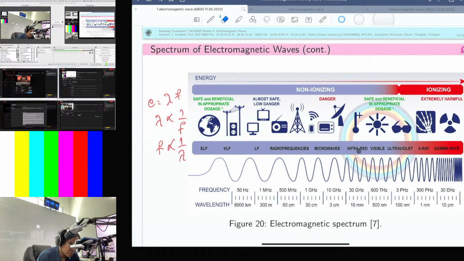If you go further, it's the infrared region. We use it also for heating applications, and for remote controls. And the visible light is around here, several hundred nanometers, from red, green, blue, and so on.